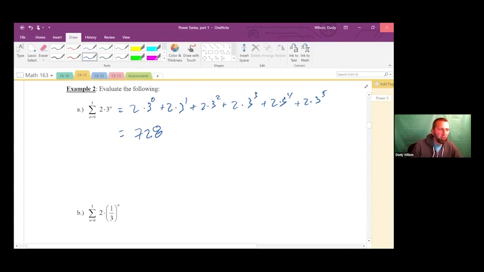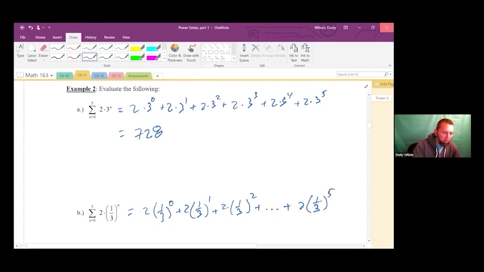In B, I'm going to do something similar, but now I have the sum from n equals 0 to 5 of 2 times a third to the n. So this would be 2 times a third to the 0th power plus 2 times a third to the first plus 2 times a third squared, all the way to ending at 2 times a third to the 5th power.